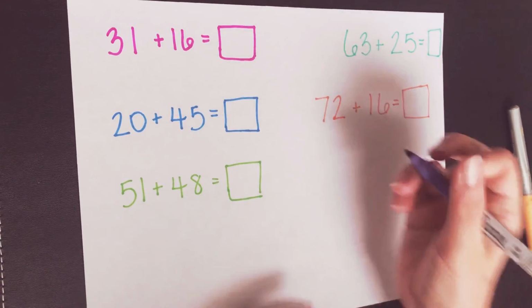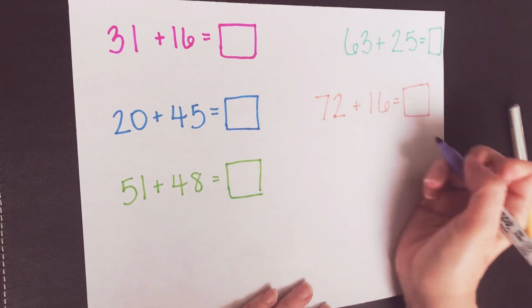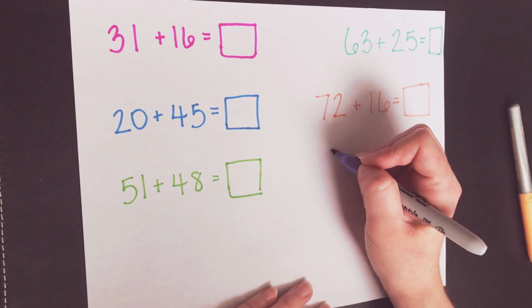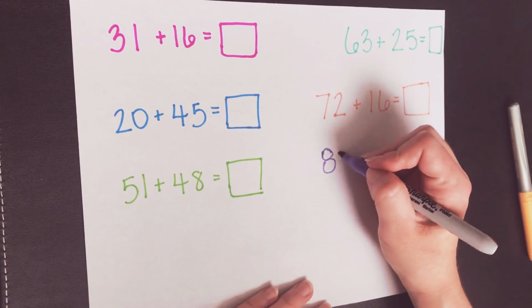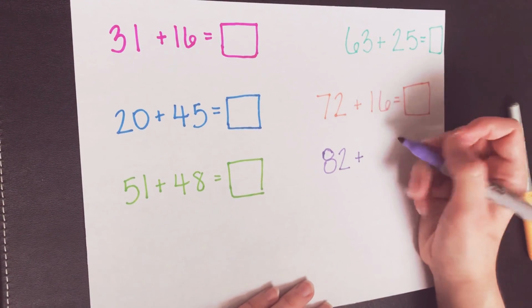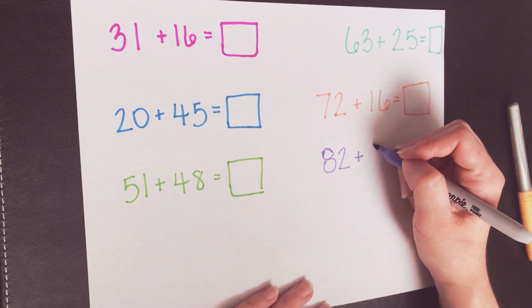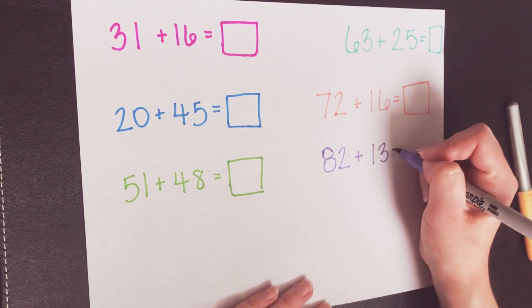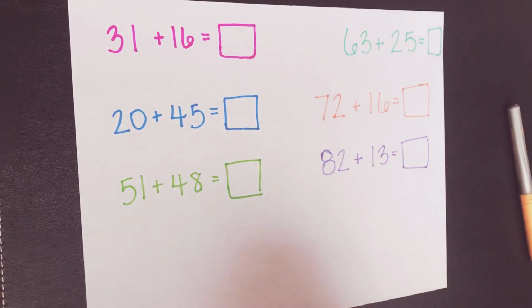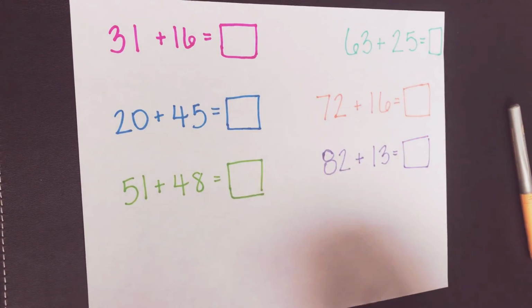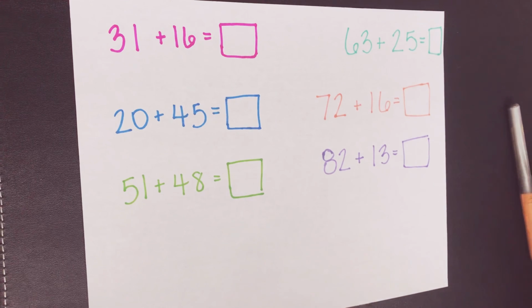And then maybe the last one will be, that was a very poorly drawn 8. 82 plus 13 equals what? So let's see what you guys can do, and maybe if you make up other problems, you could send those to me as well. All right, go get them, Tigers.